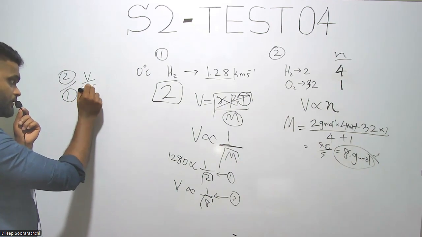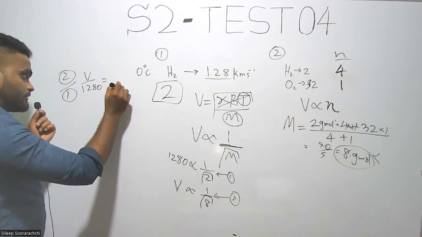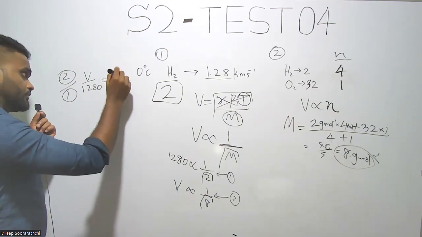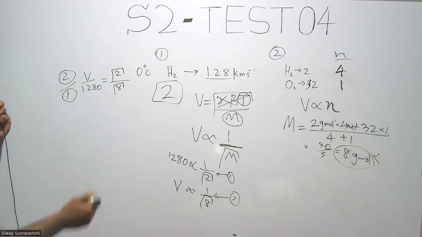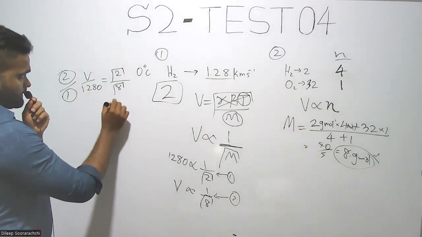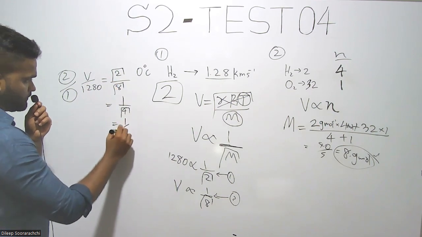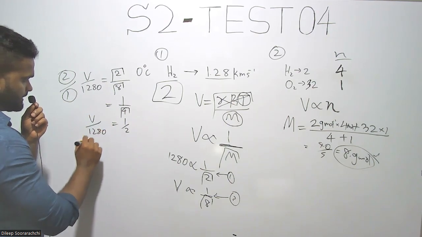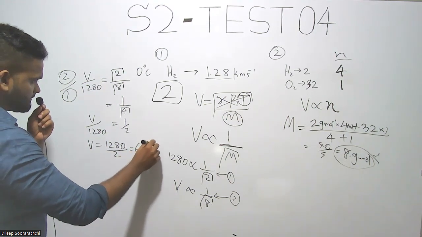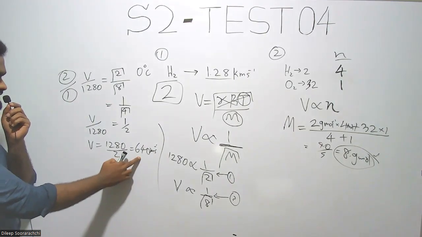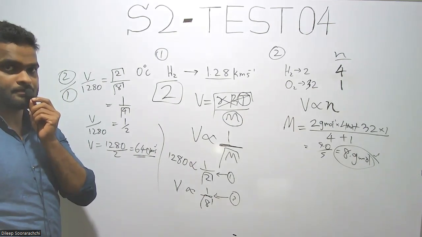V divided by 1280 equals root 2 over root 8, as root 2 goes to the numerator and root 8 to the denominator. 2 over 8, that is 1 over 4, root of 1 over 4 means 1 over 2. So V is 1280 divided by 2. So this is 640 meters per second. So this is the sound velocity in the mixture which contains hydrogen and oxygen. That is 640 meters per second.